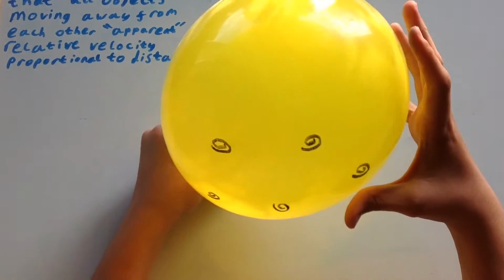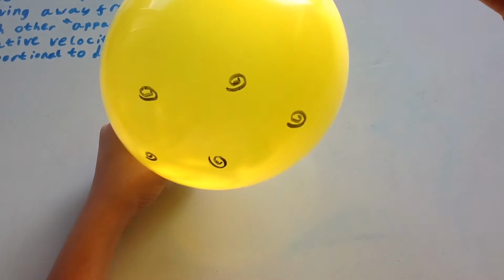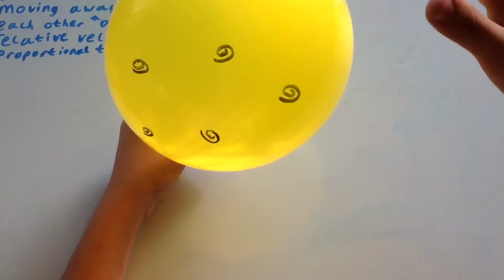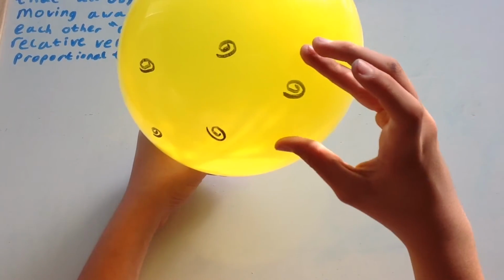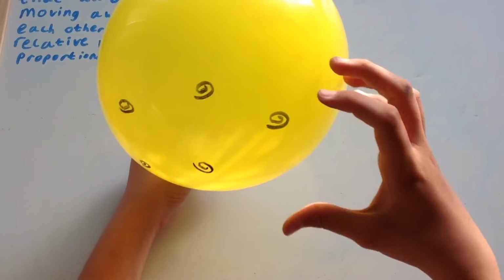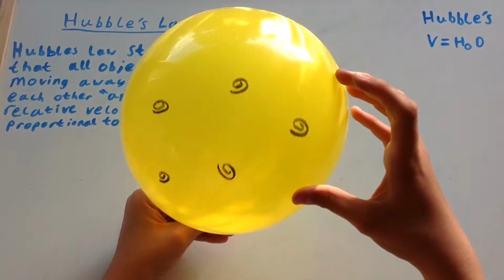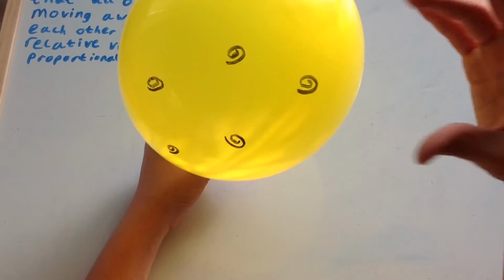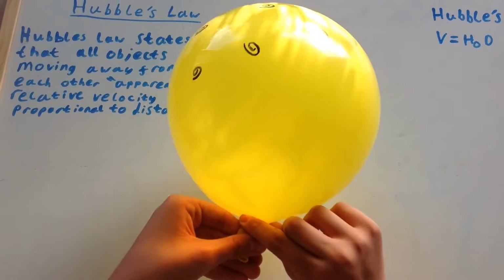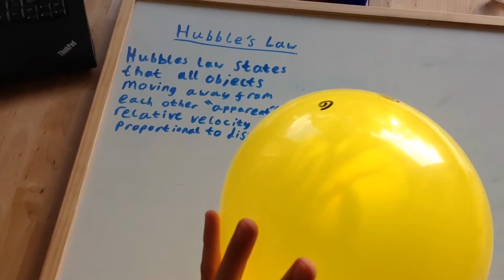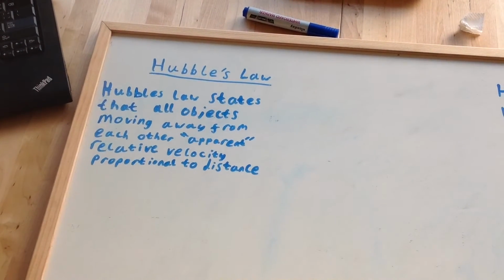As you can see, the galaxies have moved further away from each other. Imagine the balloon as space-time and the galaxies just stay where they are. It's not the galaxies moving away from each other physically, but space-time expanding and causing this effect. If I blow it up even a bit more, you'll see a greater difference.